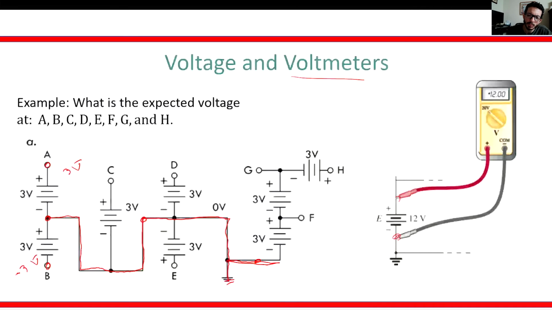The black probe is supposed to measure the neutral or common or negative voltage, and the red probe is supposed to measure the positive voltage. So as a rule of thumb, always place your black probe on ground and start measuring your potentials with the red probe. That's why here, if you place your red probe at this point and your black probe on B, you'll have negative 3 volts.